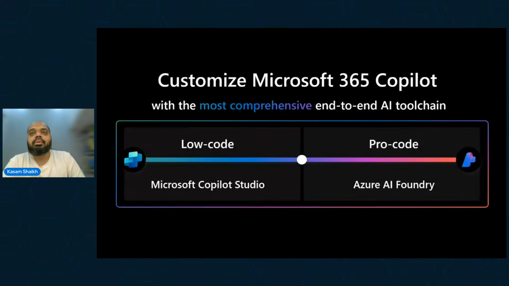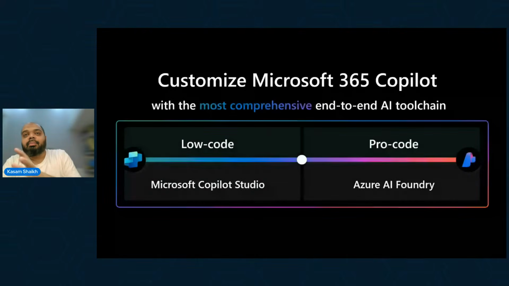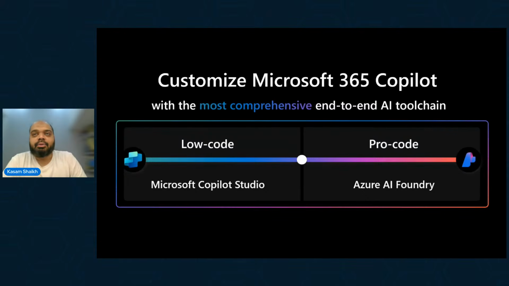So it's not only about building agents, but you can also customize your Microsoft 365 Copilot using Copilot Studio. This gives us an end-to-end AI tool chain that meets you where you are with the right tool for the job. Copilot Studio is included in Microsoft 365 Copilot at no additional cost.